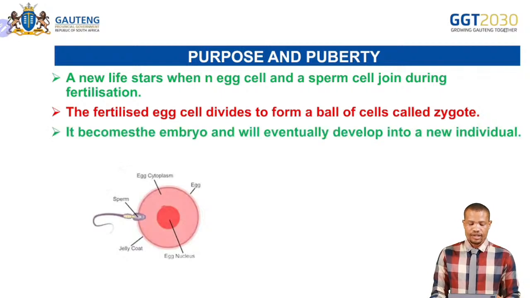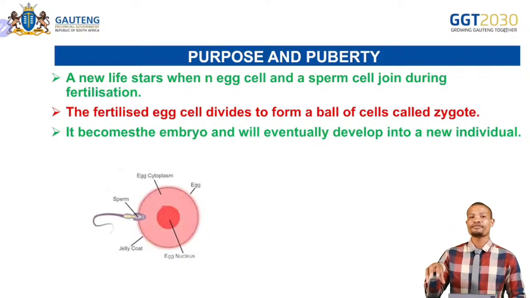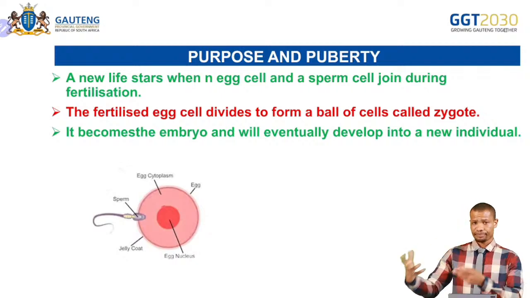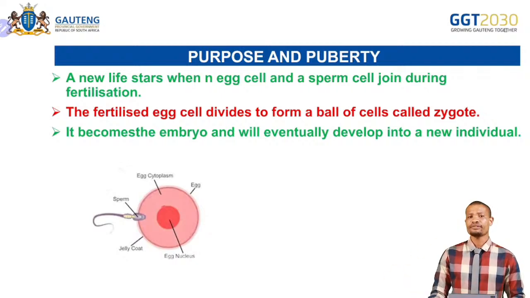Okay. So it becomes the embryo and will eventually develop into a new individual. Okay, so from a zygote we have an embryo, then from an embryo becomes a fetus, which grows for 9 months in the womb of a woman or the uterus, and then after that a baby will be born after 9 months.